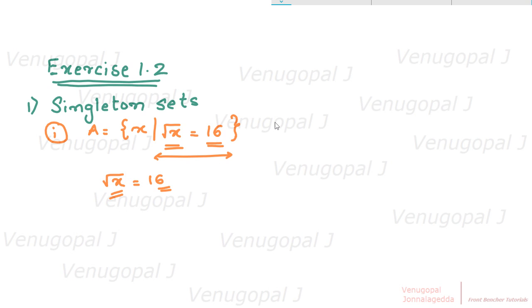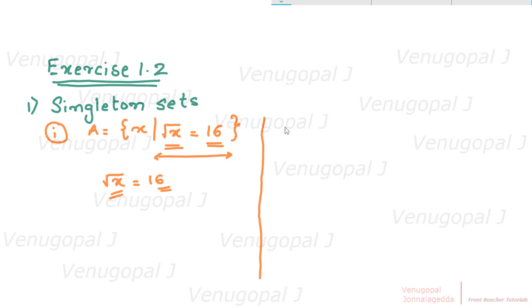For example, you will have to know first of all what square roots are. If you don't know, I recommend you to first go and learn the basics chapter in which I have covered square roots.